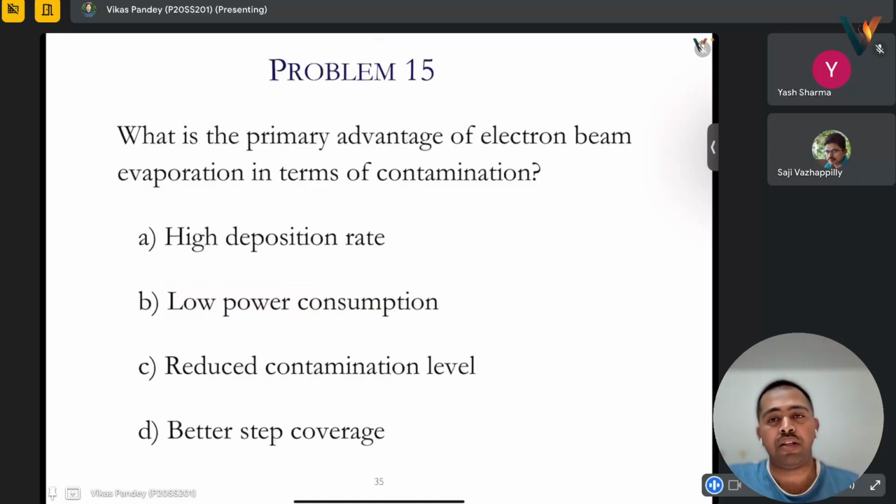What is the primary advantage of electron beam evaporation in terms of contamination? As I have been saying, contamination and dust are a problem. So what is the advantage that electron beam gives in case of contamination? Is it high deposition rate, low power consumption, reduced contamination level, or better step coverage?